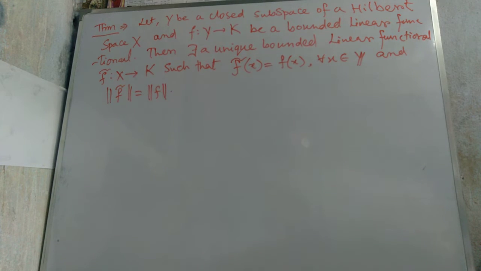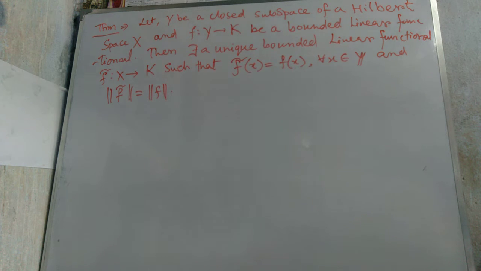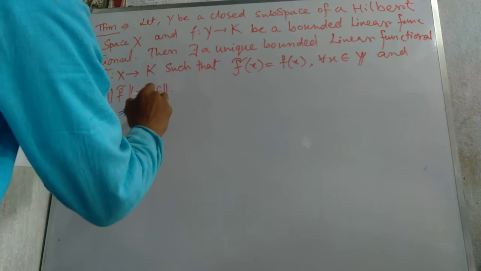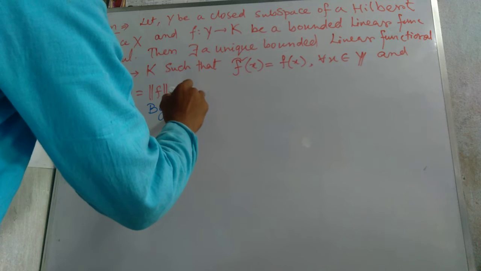Okay, then now we have to prove this theorem. We write the statement: let Y be a closed subspace of a Hilbert space, and let f: Y to K be a bounded linear functional, then there exists a unique bounded linear functional f delta such that this one we have to prove now. Okay, so how we prove this? We write here proof. Start now by Hahn-Banach theorem.